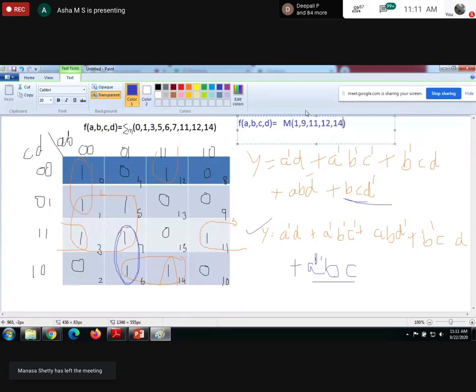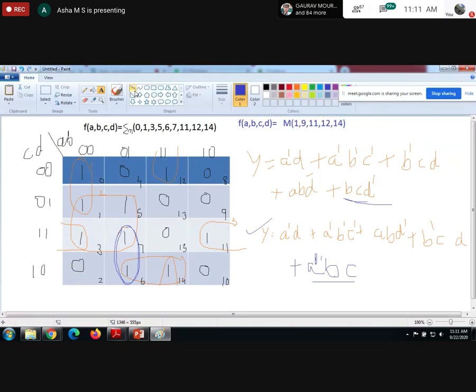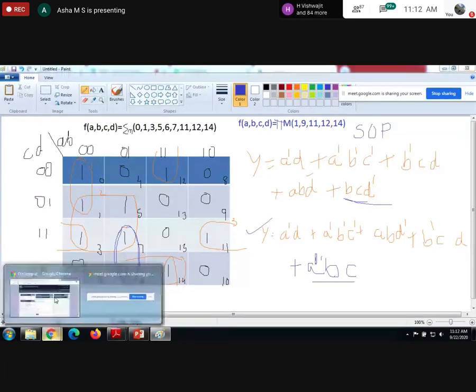Take down this question as homework. Max terms are represented by pi, min terms are represented by sigma, right? Again, you are going to find SOP itself.